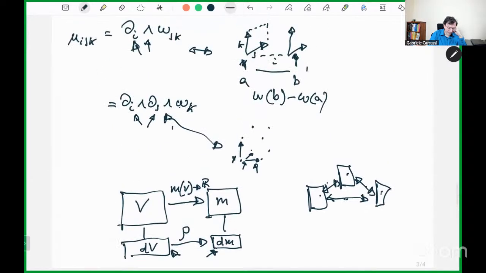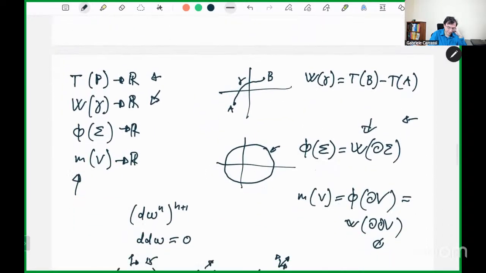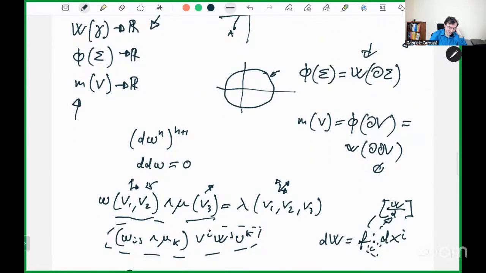Yeah, and the other thing that I had in my head, but I never really wrote down, is that this way of looking at things gives you even a geometric proof for, I don't remember the name of the theorem, but the fact that if you have a closed form, you can write in a neighborhood an exact form whose exterior derivative is the target form.